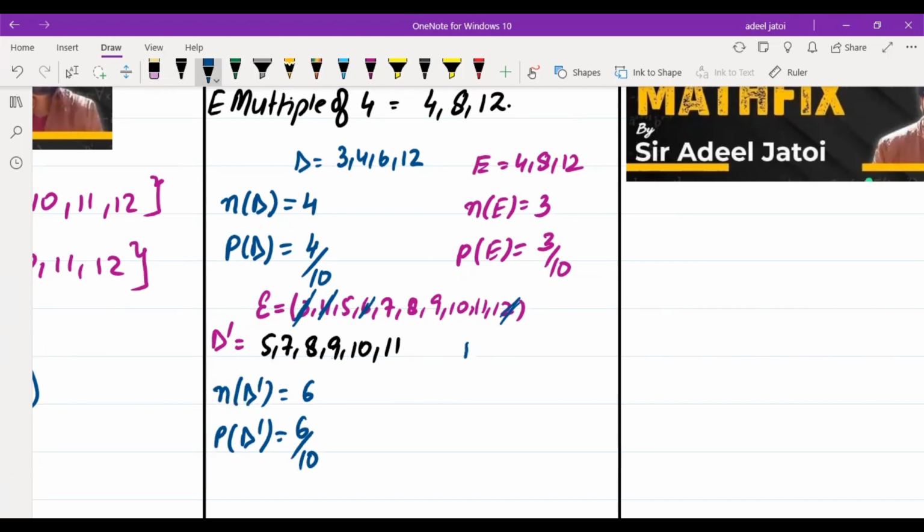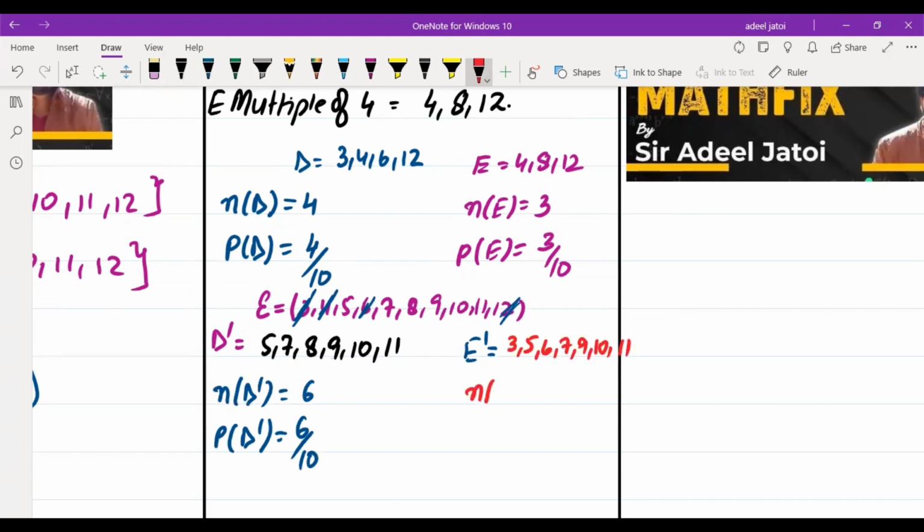Similarly, to find E complement, the numbers of E were 4, 8, and 12, so the remaining will be 3, 5, 6, 7, 9, 10, 11.